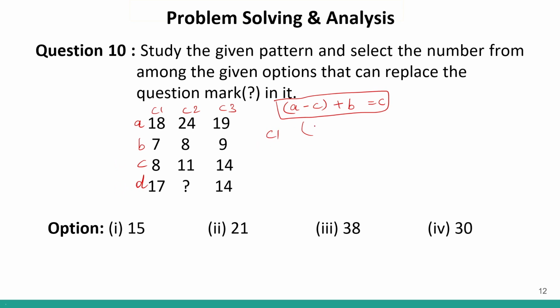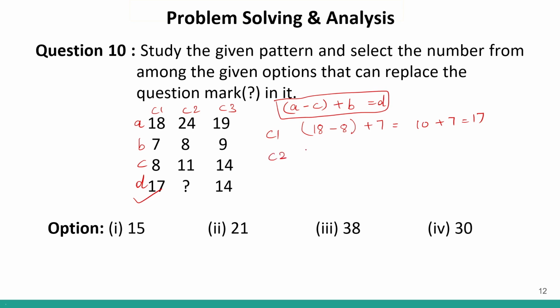Column 1 is 18 minus 8 plus 7. This is 10 plus 7 which gives me 17. So this logic is true for column 1. A minus C plus B will give me my D. Now let us check for column 2.